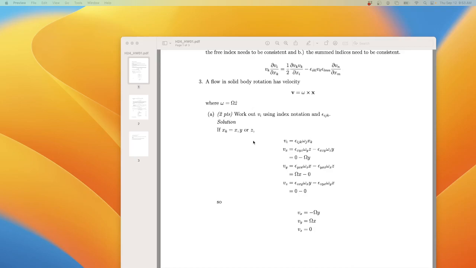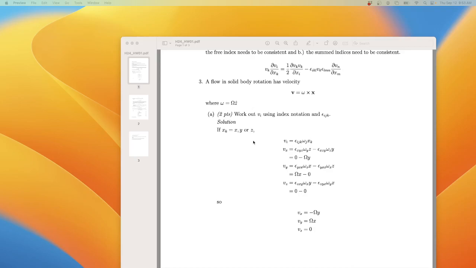So you can check if this makes sense, because if you think about an object in solid body rotation, it's rotating like this, and it's rotating faster out here in linear velocity. Same speed in angular velocity, but it's faster in linear velocity. So just think about the x-axis.